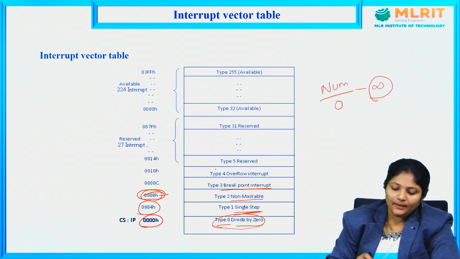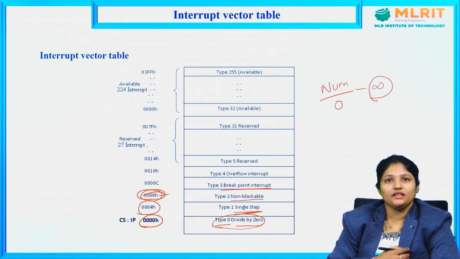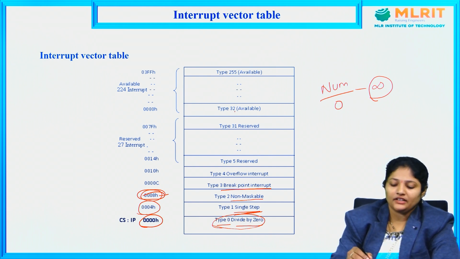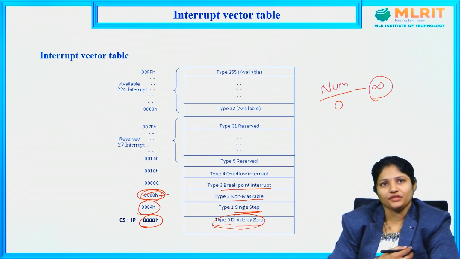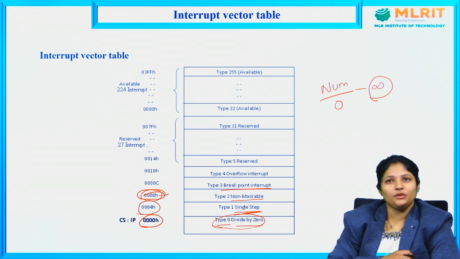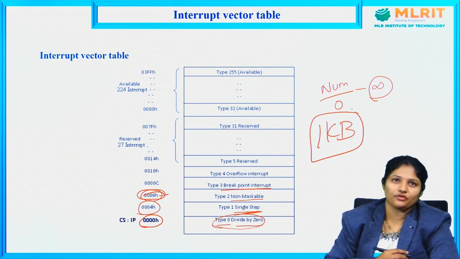From type 5 up to type 31, these interrupts are reserved, but from 32 to 255, these are available for further use. This is the vector table which will be stored in the first kilobyte of memory of the 1 MB supported by the 8086 microprocessor.